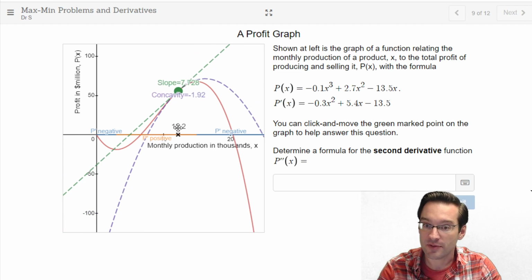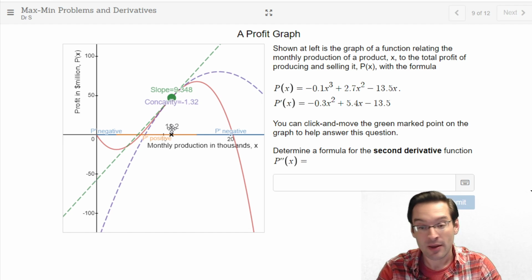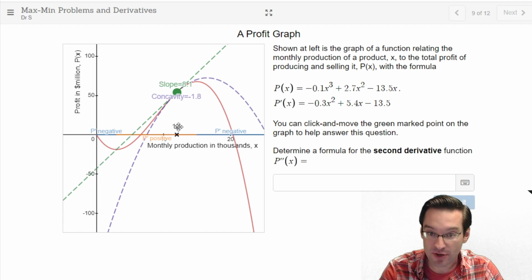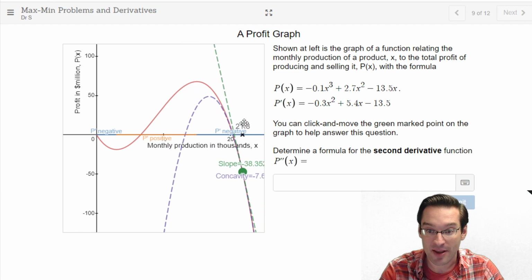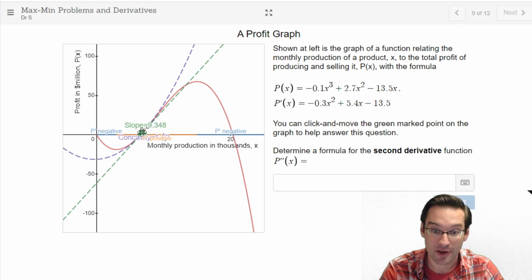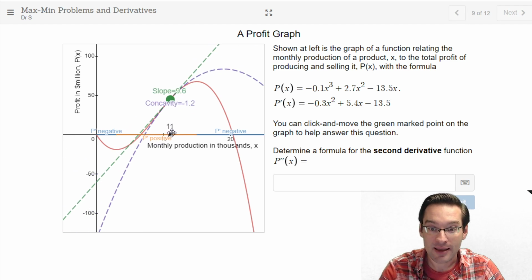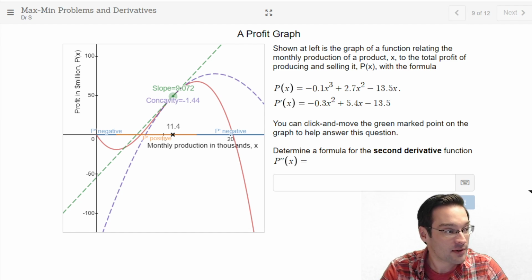What this purplish curve does is it's sort of like a tangent line, except that it's not a line anymore. It's what I would call a tangent parabola. It's a parabola which just barely touches the graph of my original function and has exactly the same quadratic shape as the graph of my function at that point. So it's my tangent parabola, shown here in purple. And so the question that I'm asking us to think about here is, what is that tangent parabola actually telling me about the shape of this graph?